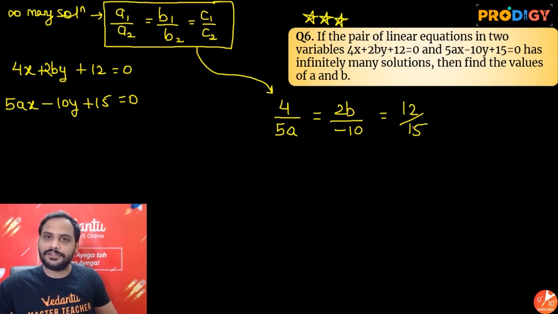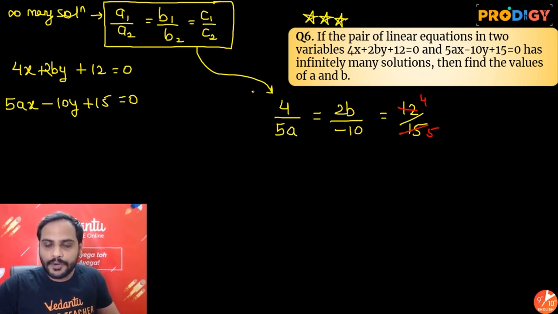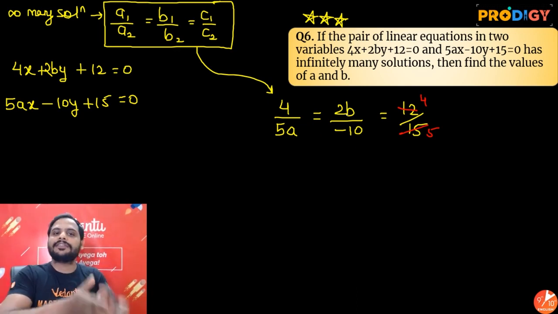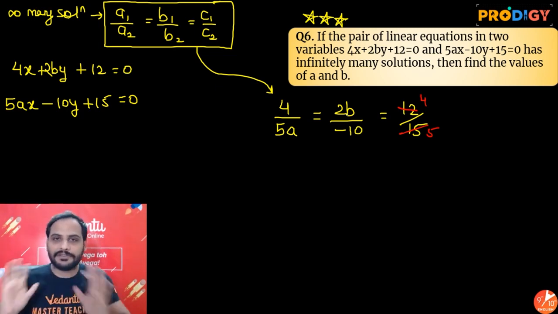In the third fraction I know both the values. So 3 4s are 12, 3 5s are 15, 4 by 5 is my answer. So I got to know this fraction is 4 by 5. If this value is 4 by 5, the other two values also should be 4 by 5. That means 4 upon 5a should also be equal to 4 by 5, and 2b upon minus 10 should also be equal to 4 by 5. Then only I can say a1 by a2 is equal to b1 by b2 is equal to c1 by c2.